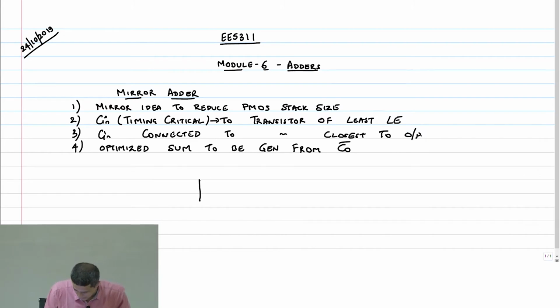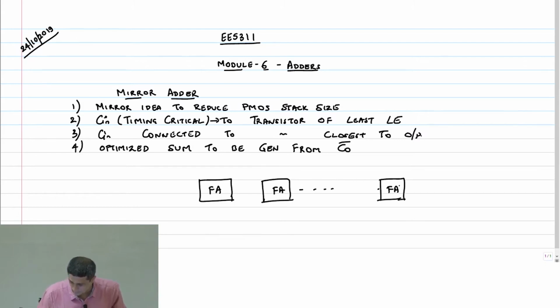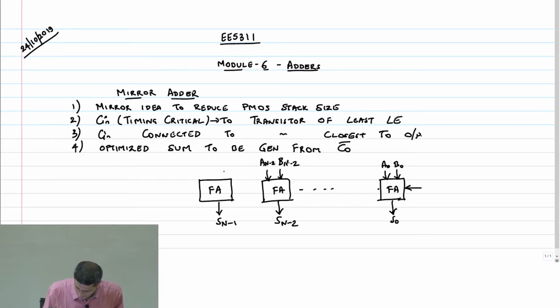If you remember, we said that when I cascade full adders like this in a ripple adder form, this is my C in, A0, B0, S0, A n minus 2, B n minus 2, S n minus 2, S n minus 1, again A n minus 1, B n minus 1, and this is Sn.